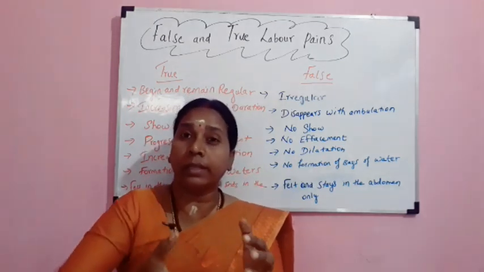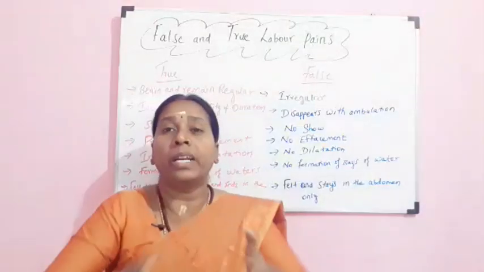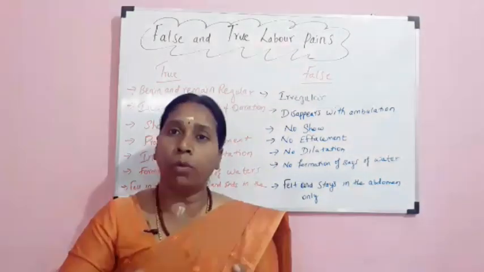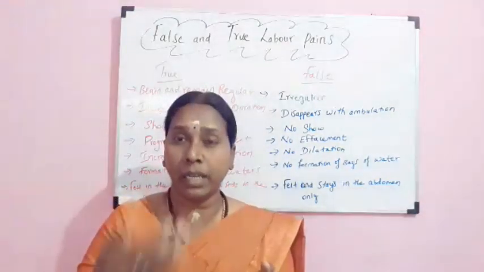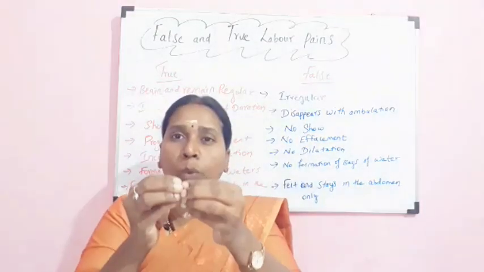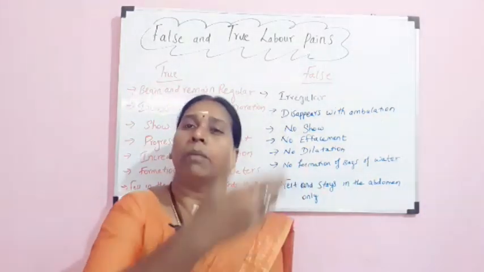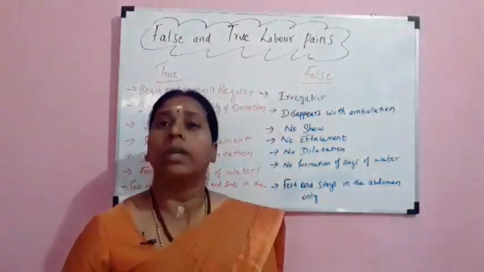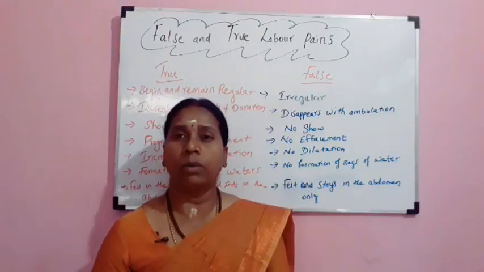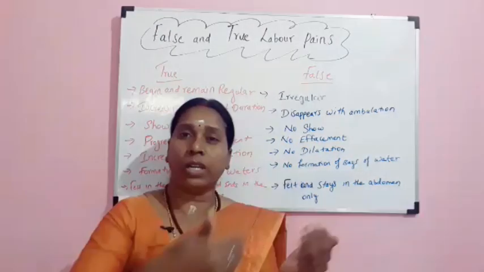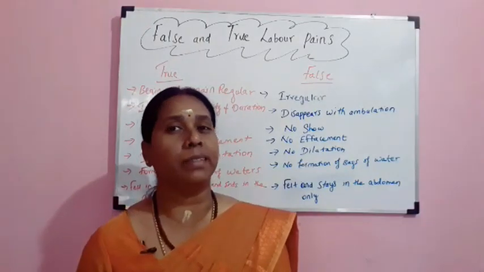It collects the amniotic fluid and gets swollen up. Then this bag will break and the amniotic fluid comes out. When the fluid comes out, the labor is getting initiated and the baby will come out easily.